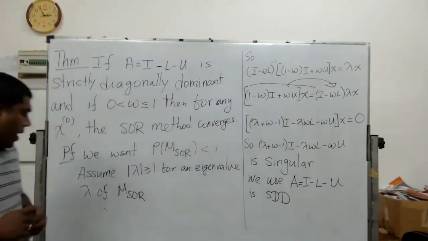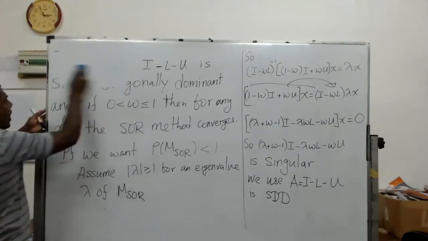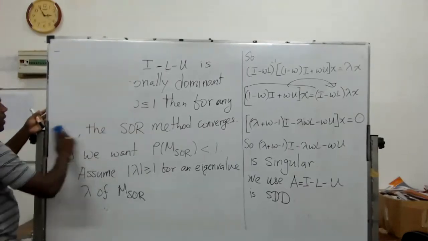So let us assume that A is written in the form I minus L minus U. Without loss of generality, let me assume that a_ii is 1, right?